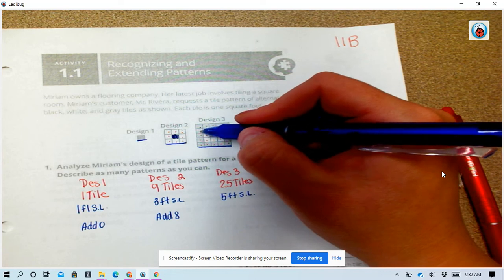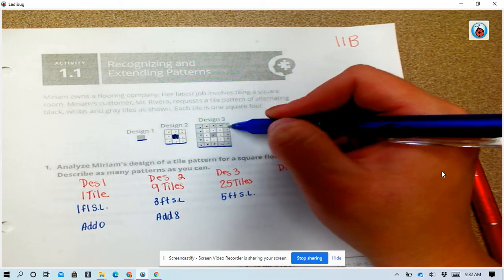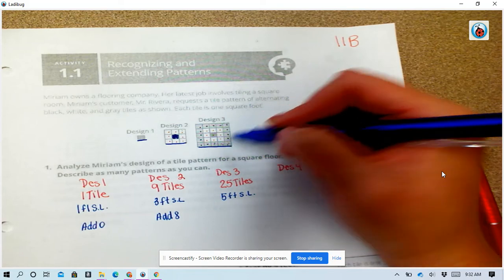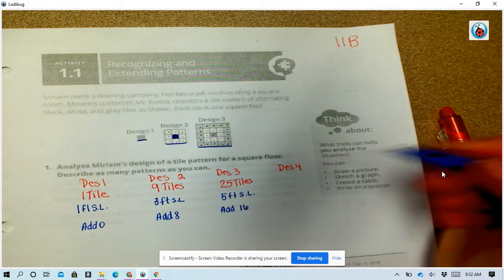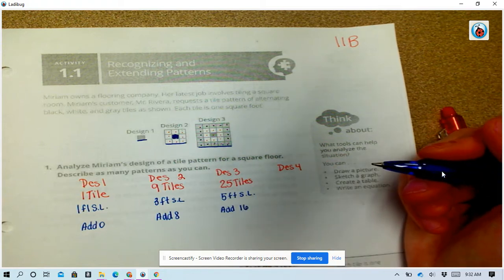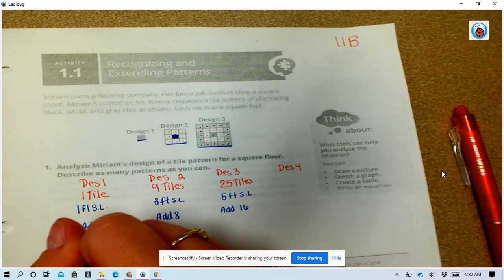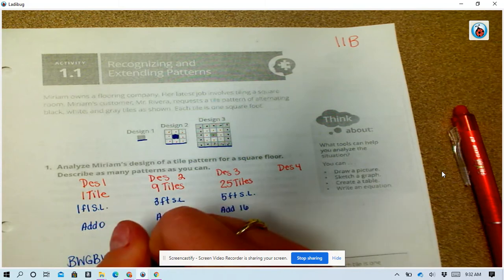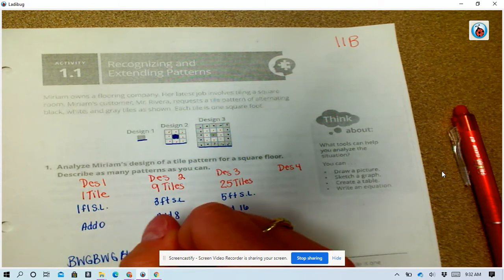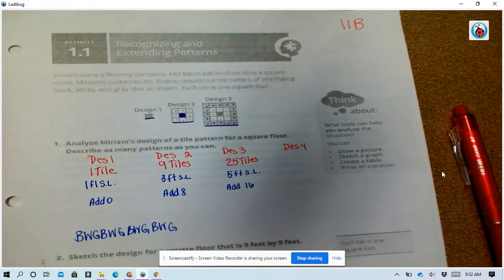And then we added 16 tiles in design 3. And that's all I noticed. I did write down black, white, gray, black, white, gray, black, white, gray. So I wouldn't necessarily have to go back and figure it out the whole time.